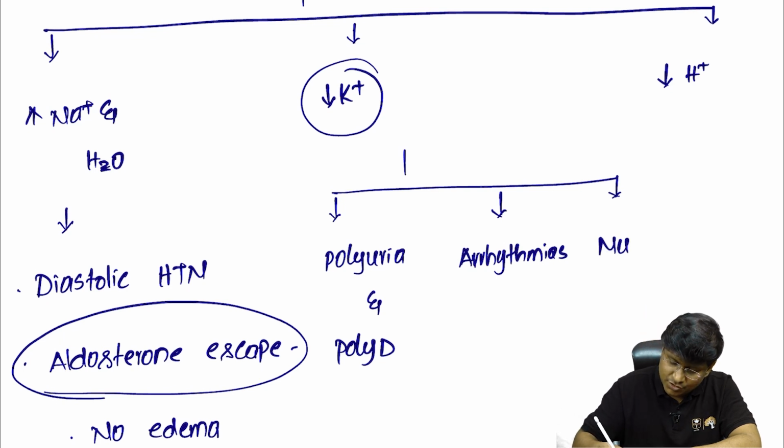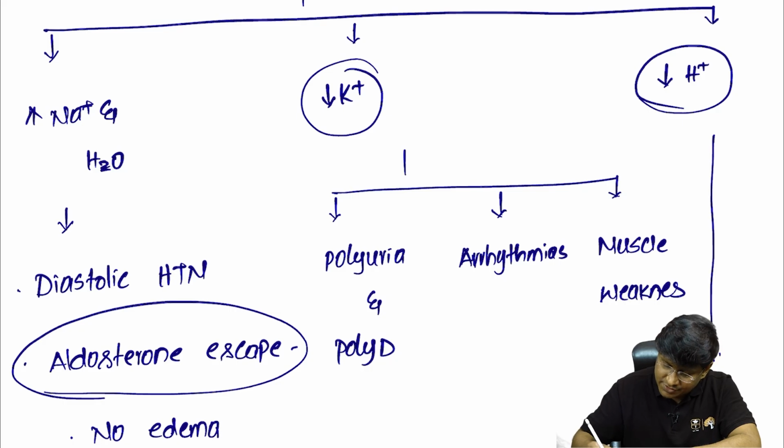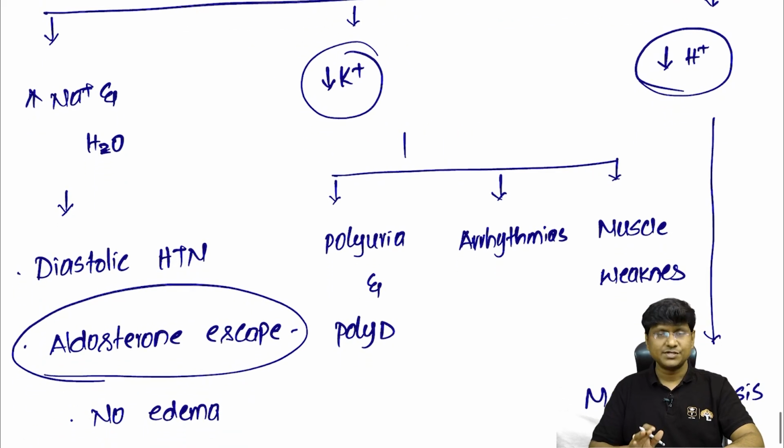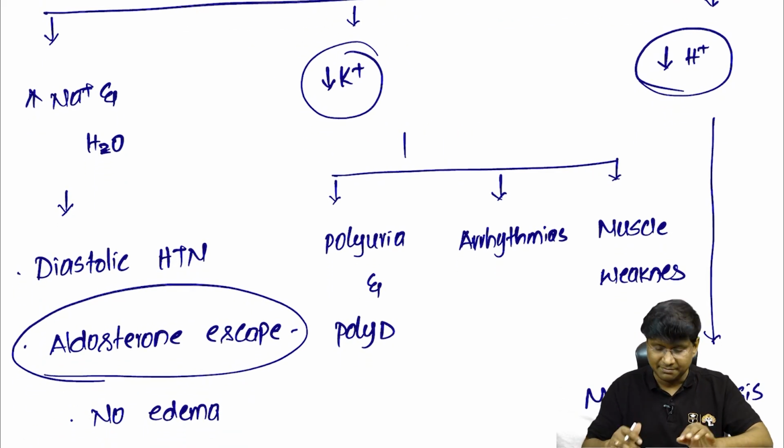These patients will also develop a very severe form of muscle weakness, right? And because of decrease in H+ ion levels, these patients will develop metabolic alkalosis. So these are the clinical features because of the various electrolyte abnormalities.